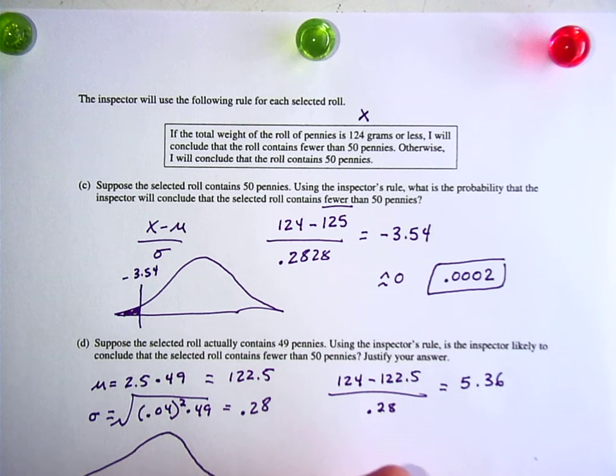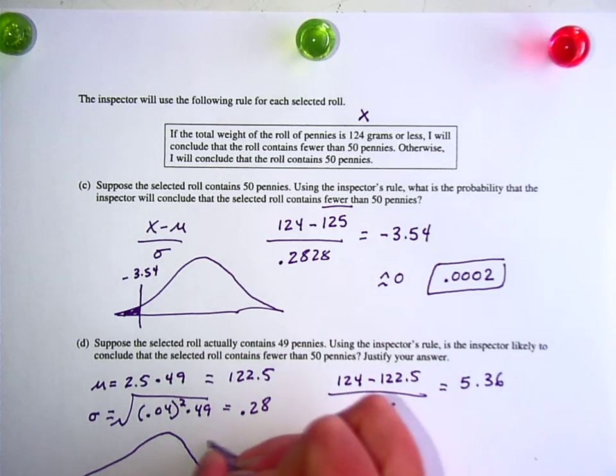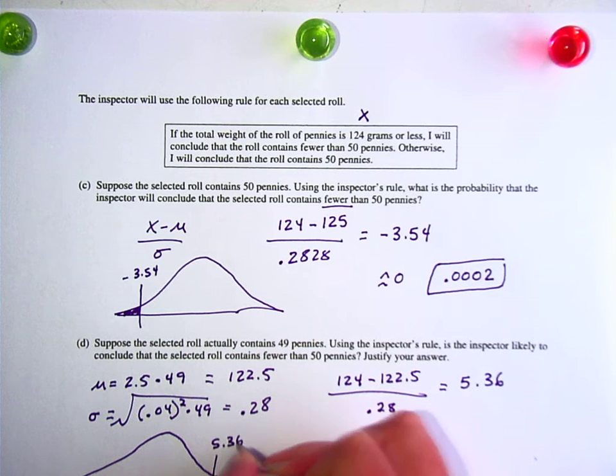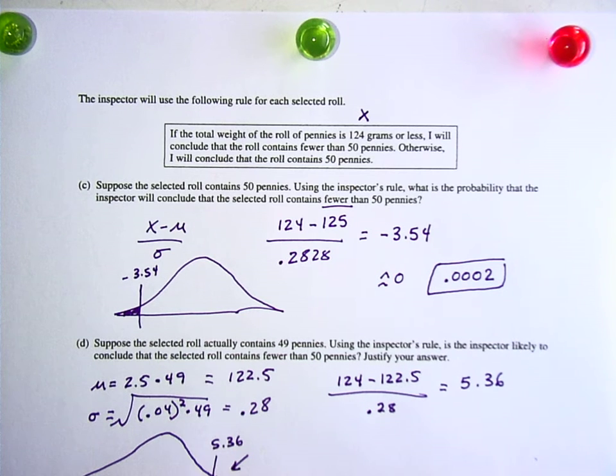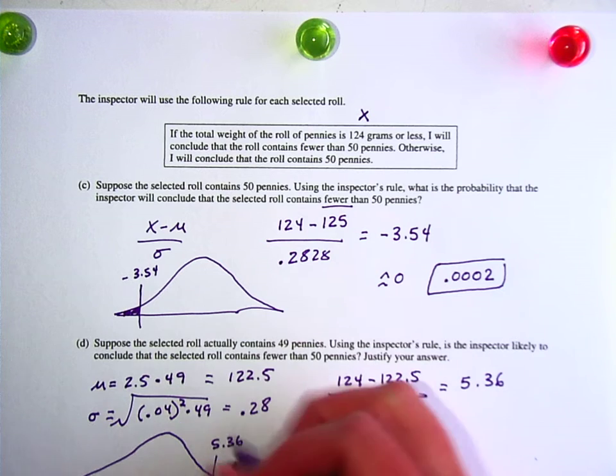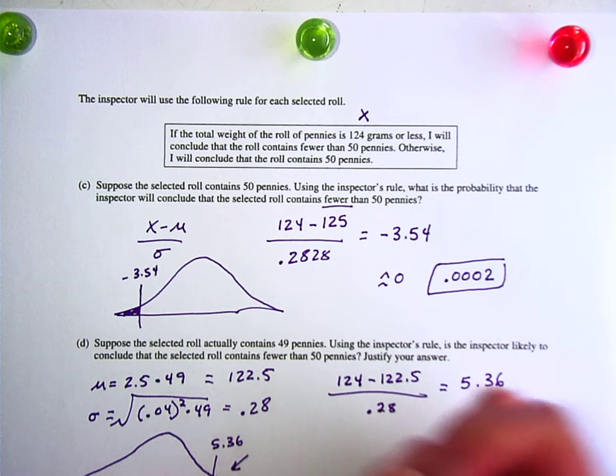Remember that this time we're talking about 49 pennies. So it's kind of like over here, this 5.36. What are the chances that essentially it would be larger than 124, even though there were 49 pennies in it? And this is so off the charts. If you did a normal distribution on your calculator, you would see that this is essentially 0.